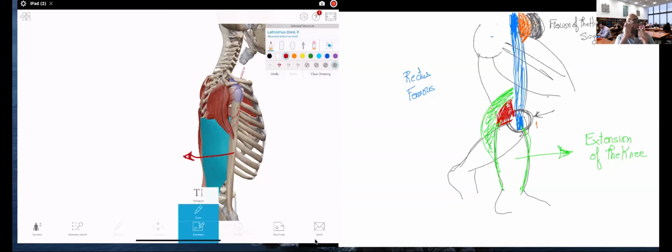So when you are looking at your list, the PDF file that has the list of muscles, movements, and attachments that you are required to know for this upcoming exam, don't just try to memorize every single word on it, to not get confused. You need to make sense of the information. Look, where is the muscle located? Is it located in front or behind the joint? Where is the angle of the joint?